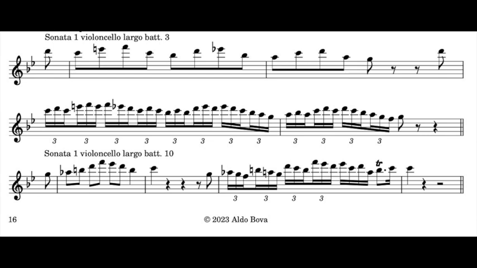It's not every time the same. For example, in the first bar we have F, E, D, C, D, C. But in the second half, E, D, C, and not B, C, B, but B, A, G. That is a little unusual.